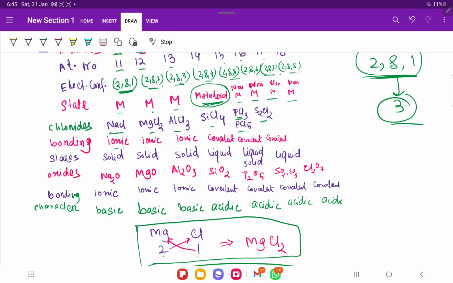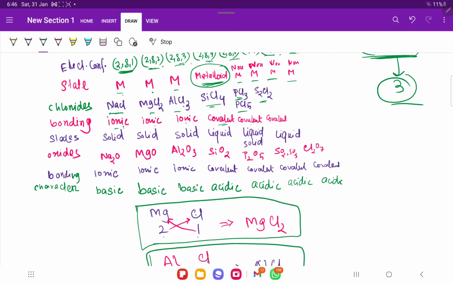In NaCl, metal is bonded with non-metal, so it will be an ionic bond. In magnesium chloride also it will be ionic, aluminium chloride also ionic. Silicon chloride, both are non-metal, so this is basically covalent. For PCl3 or PCl5, both are non-metal, so it will be a covalent bond. In S2Cl2 also they are forming through a covalent bond.